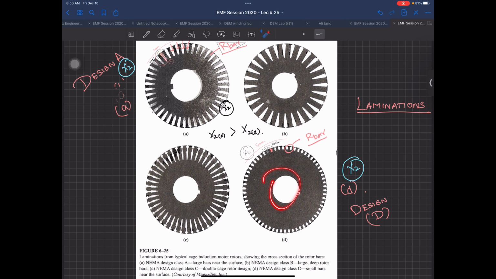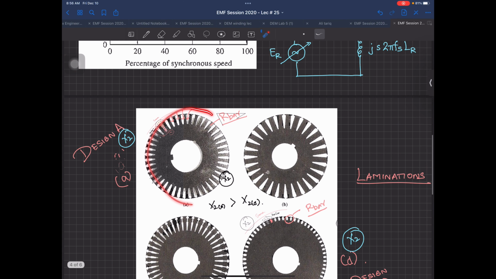So if slip becomes 1, it's not going to have that much effect. But if you compare this with design class A, here your leakage reactance is a larger quantity. So when your slip is 1, your X2 will be a little higher.